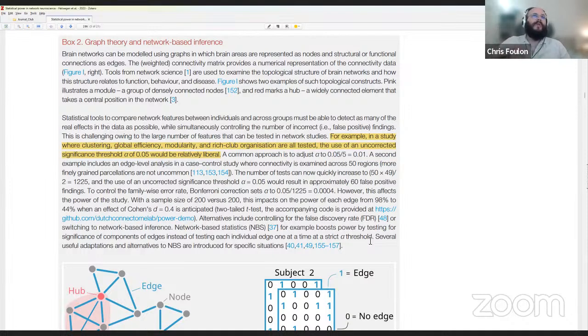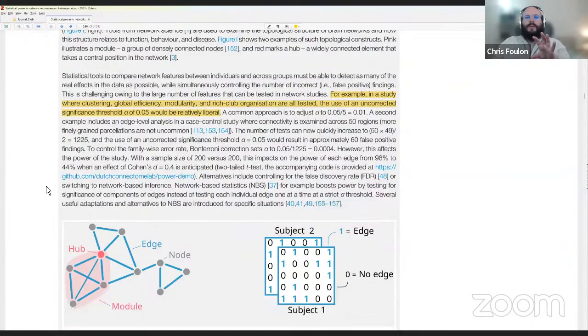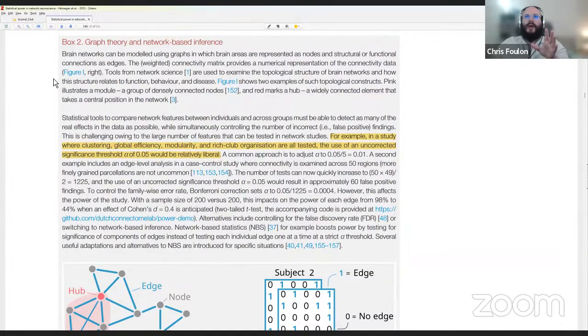So you can also interpret most of the connectivity studies as a graph theory problem. And it's just easier to explain: you can put most of the studies under the same umbrella of graph theory, and you can see some of the problems that you have in these studies.